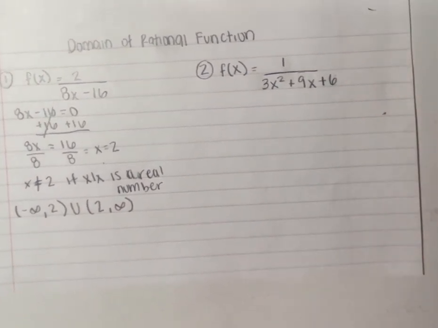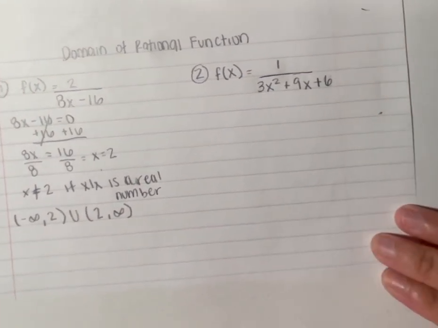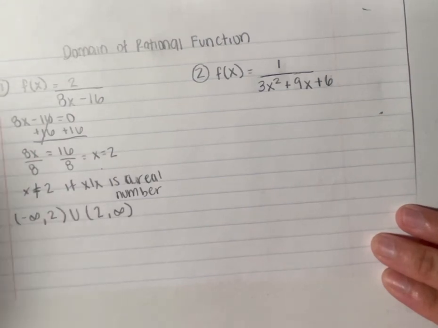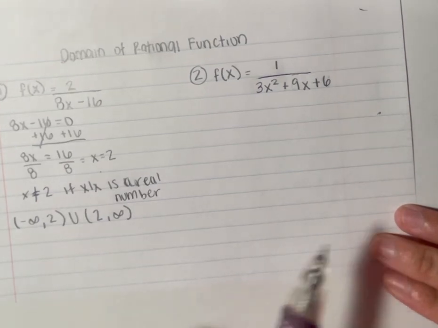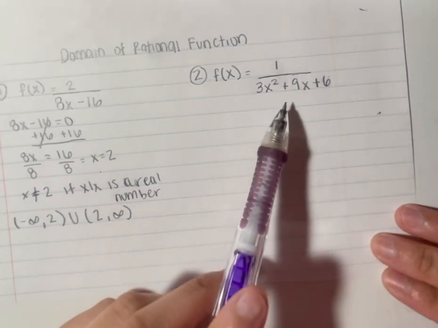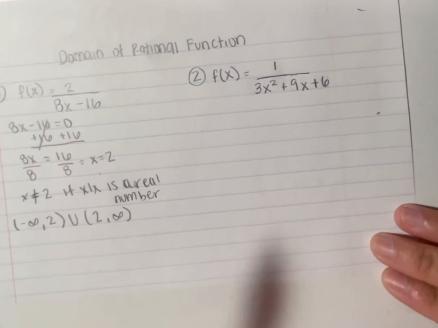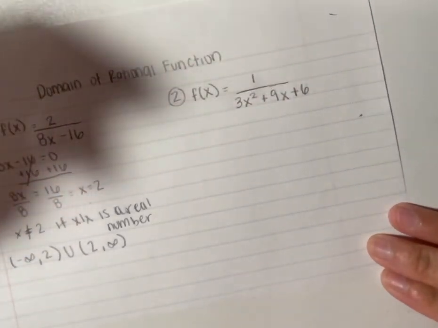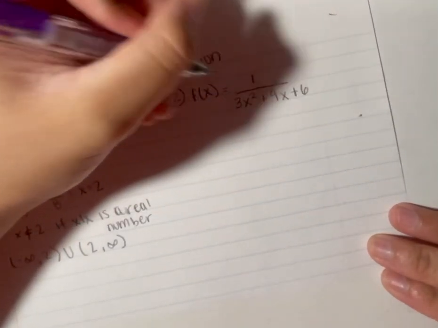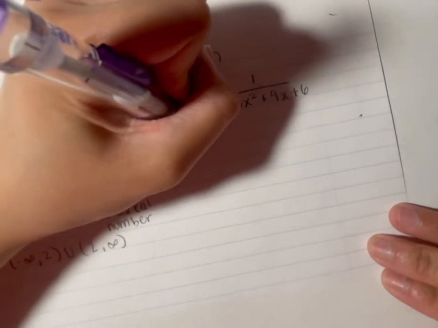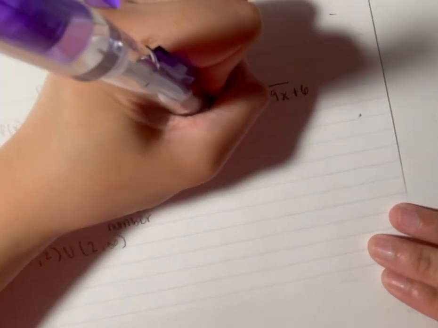Okay, for the second problem, you also have to set the denominator to 0, which in this case is 3x squared plus 9x plus 6. So, sorry, it's a little dark because I'm left-handed, but I'll show you right after.